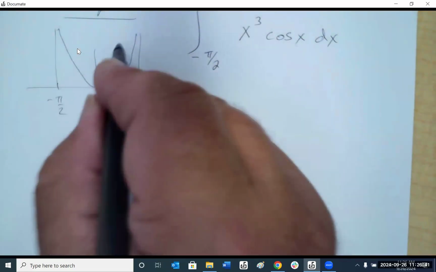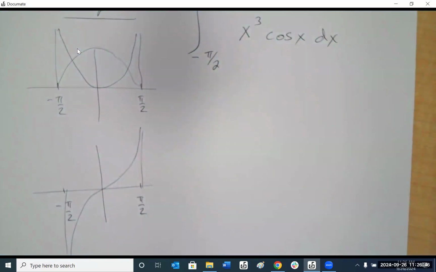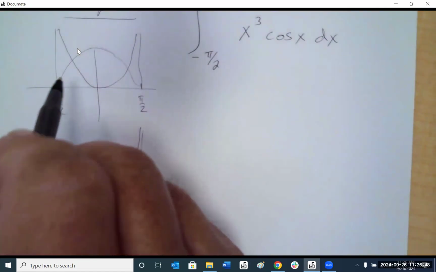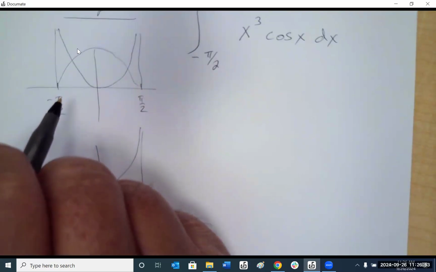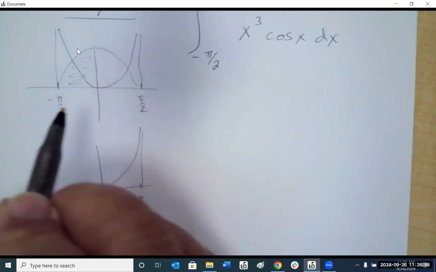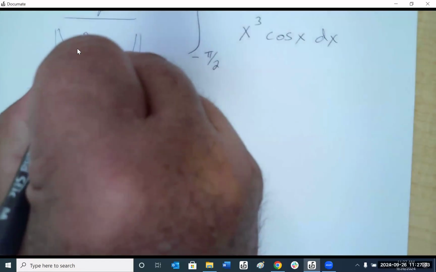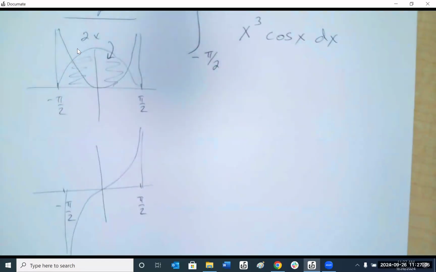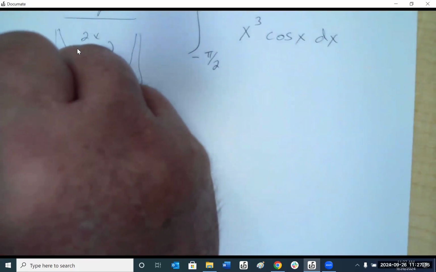Or I could even, instead of that one, use the half interval. If the function is even, that means the negative side and the positive side are going to be equal, and it's going to be 2 times this one side. That's the area. But this is if the function is even.